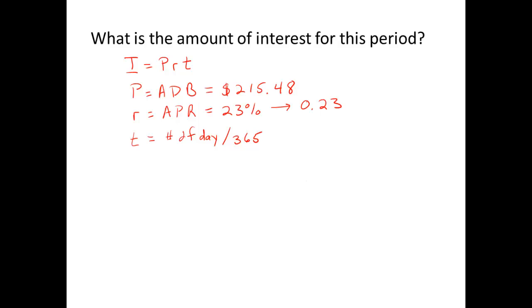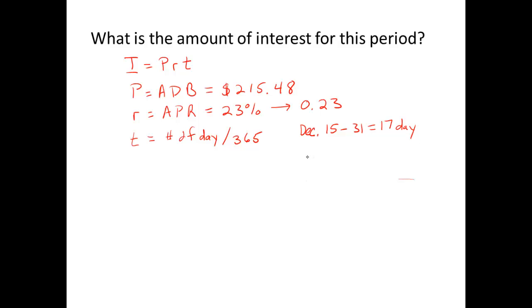We need to figure out the number of days in this period. This period is from December 15th to January 14th. In December, we will go from the 15th of December to the 31st of December, because there's 31 days in December, for a total of 17 days.